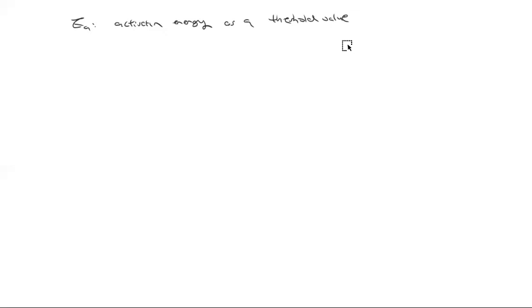All right. So is there something you do that has a threshold value? For example, you want to get into a subject, not necessarily uni, but do you have to get above a certain mark to get what you want? Sure. So let's say, hypothetically, you want to get into some subject, and you have to get above a certain mark, like 85%.